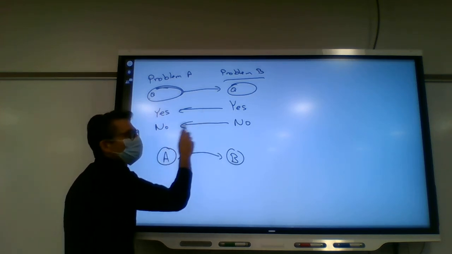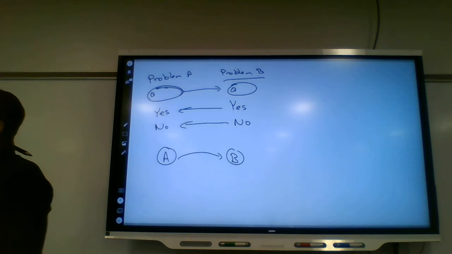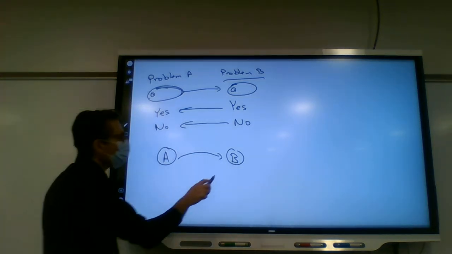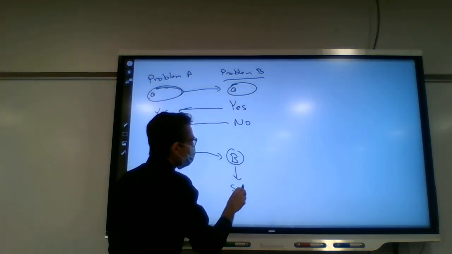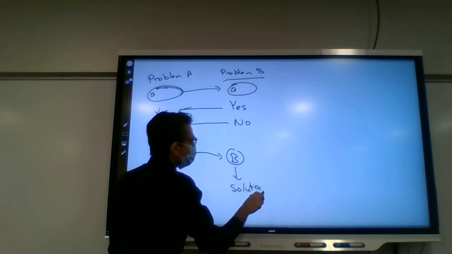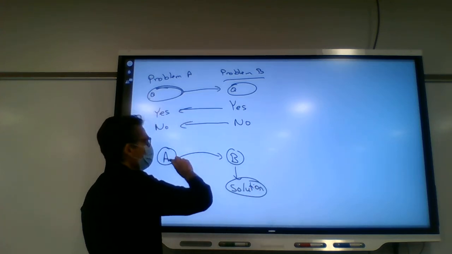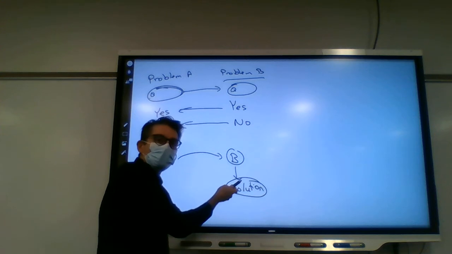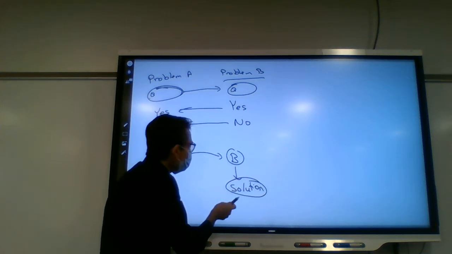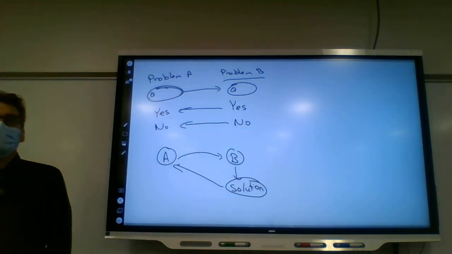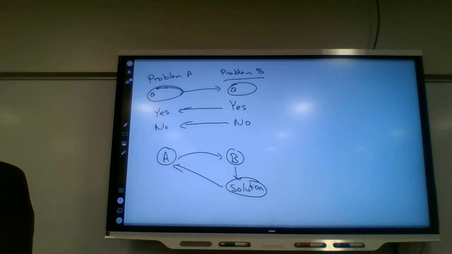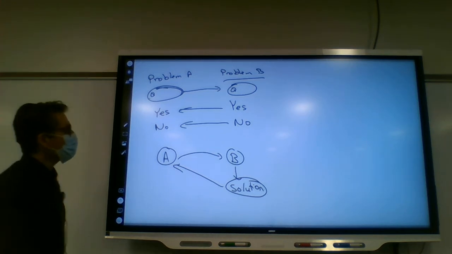Right? There's a polynomial time transformation to turn problem A into problem B. And then we have to solve problem B over here. So polynomial time for the transformation, polynomial time for the solution. But then we have an answer that we can send right back. Yes or no. And so what happens?